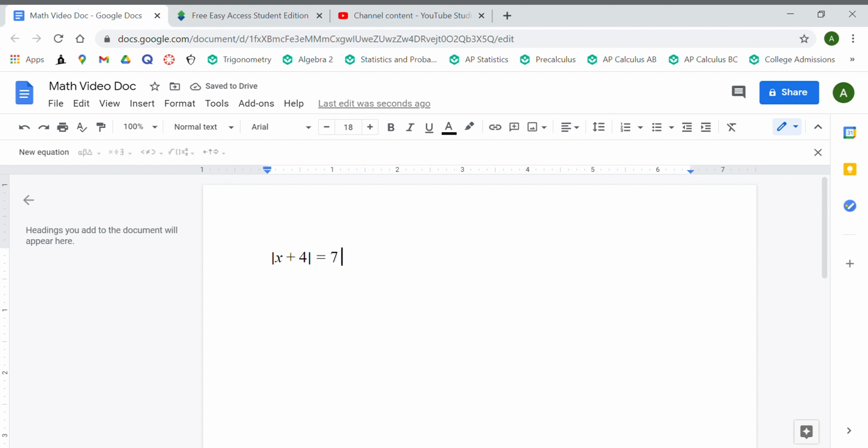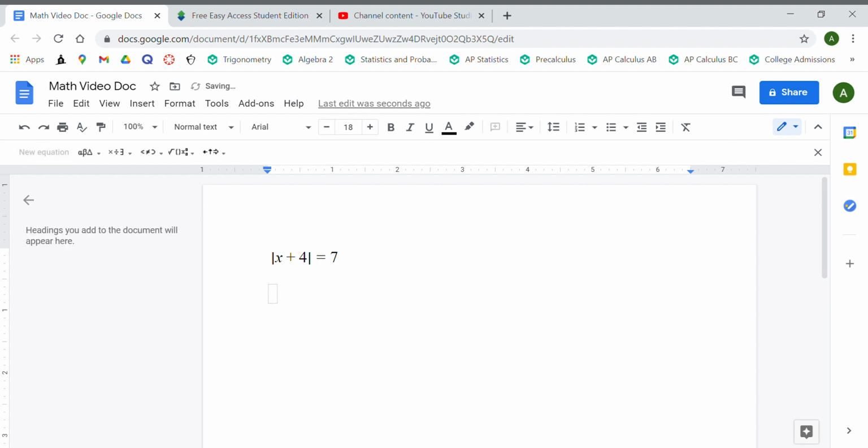How do I solve this? Well, remember I told you that 2 numbers can have the same absolute value, which also means that it is possible to have 2 solutions to this equation here. So how can we find those 2 solutions?